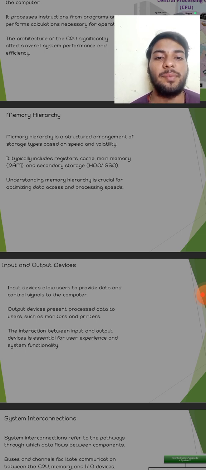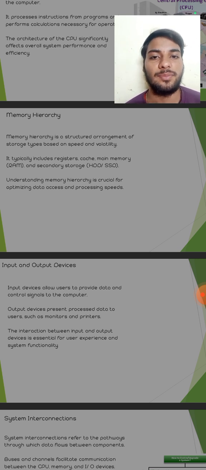Understanding memory hierarchy is crucial for optimizing data access and process speeds. So the data is stored in registers, cache memory, main memory, and secondary storage devices. This is the memory hierarchy.